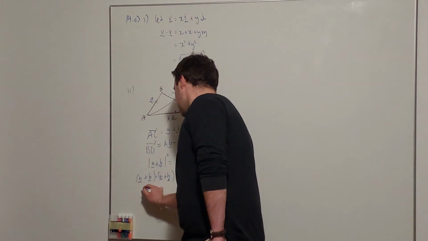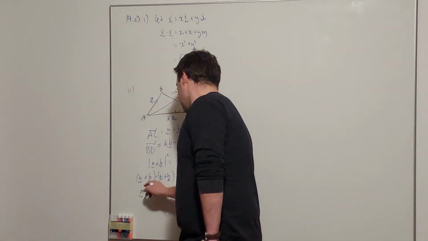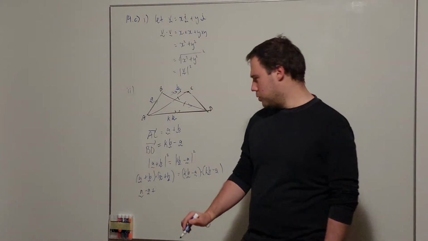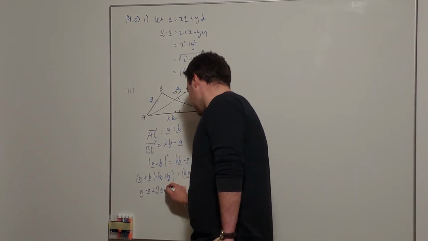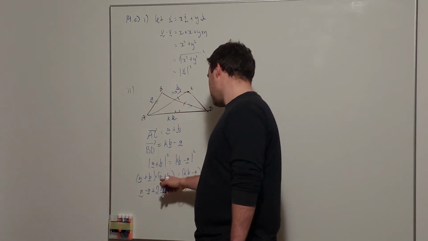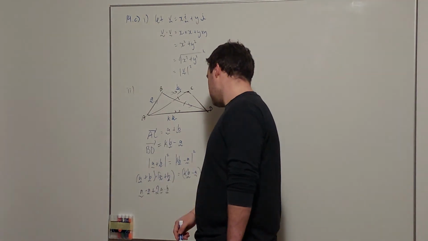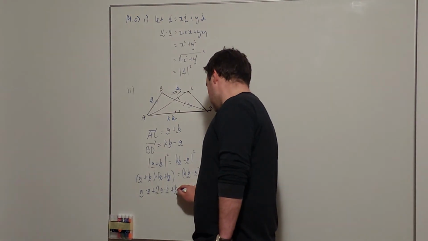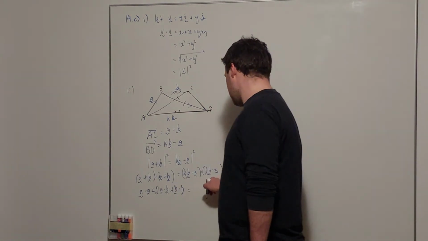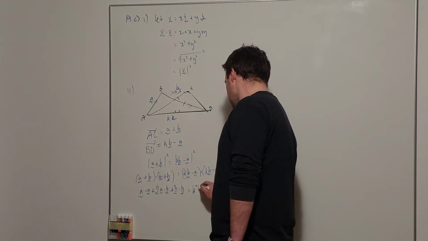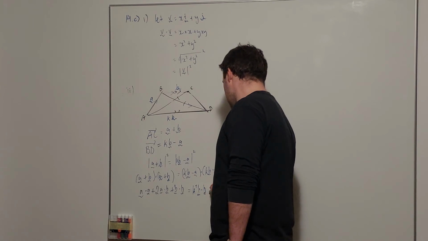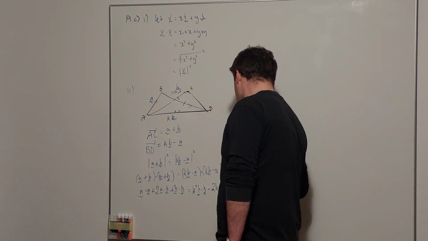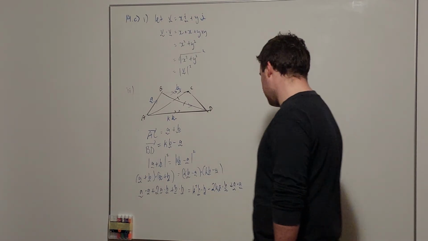the dot product. So we're going to have a dot a, basically like expanding a binomial, to lots of a dot b, because we'll have a dot b plus b dot a, or it doesn't matter, 2 a dot b plus b dot b is going to equal k squared b dot b minus 2k a dot b plus a dot a.